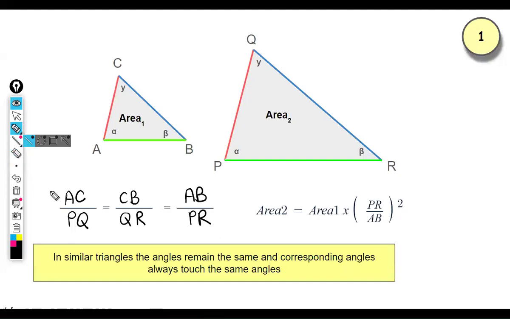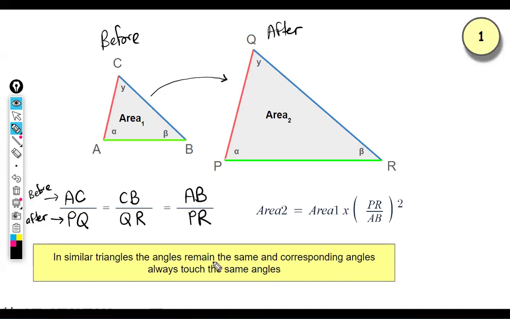Now, I usually like to put the before sides on top, right? This one here is the before. This is when it was young, and when it grew up, I usually call it the after triangle, the before and after situation. My after values, I usually like to put underneath. The truth is, some textbooks will have it the opposite way.